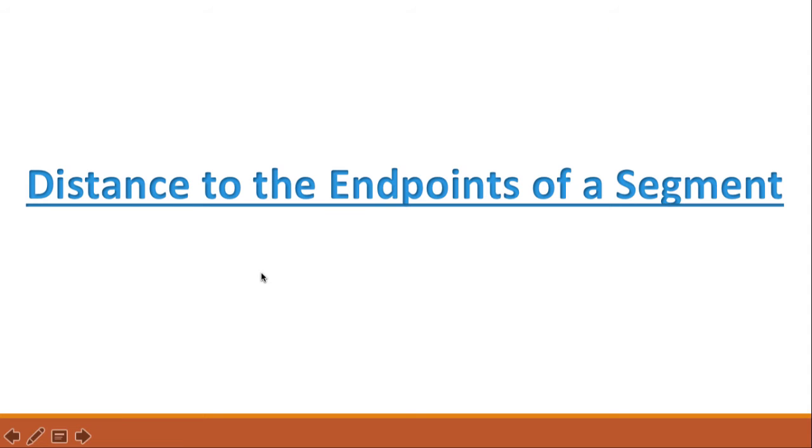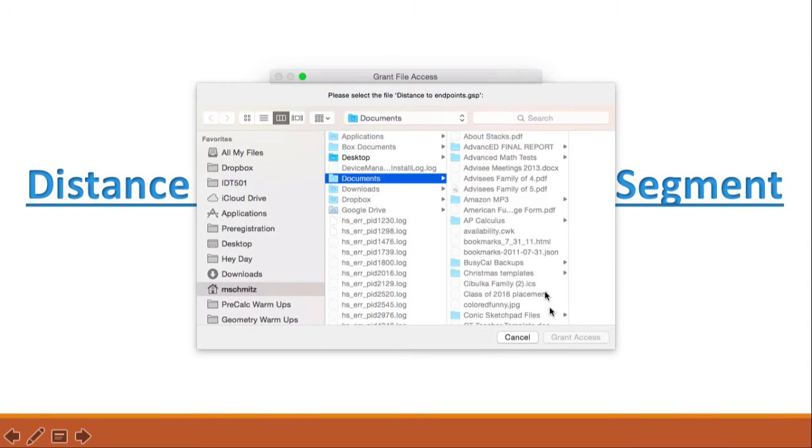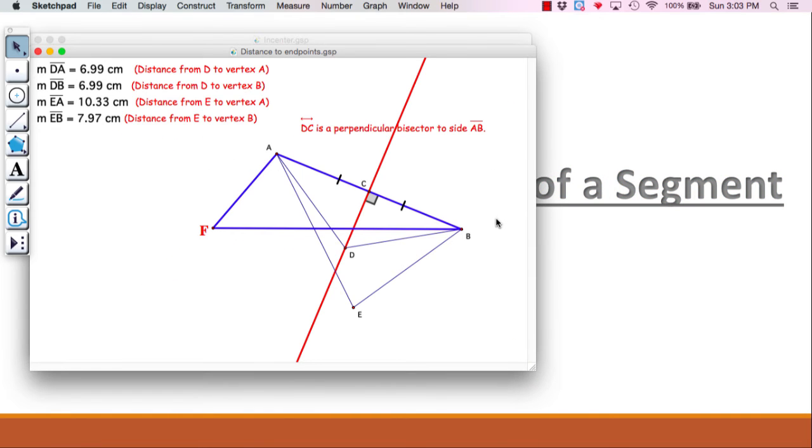I am now going to explore points that lie on the perpendicular bisector and their distance from the endpoints of the segment. In triangle ABF, line DC is a perpendicular bisector to side AB.